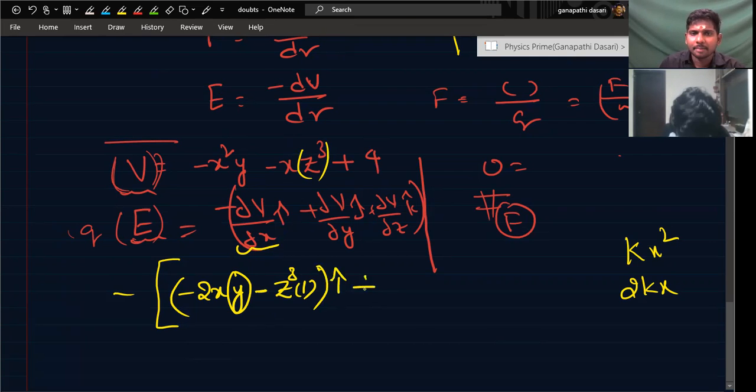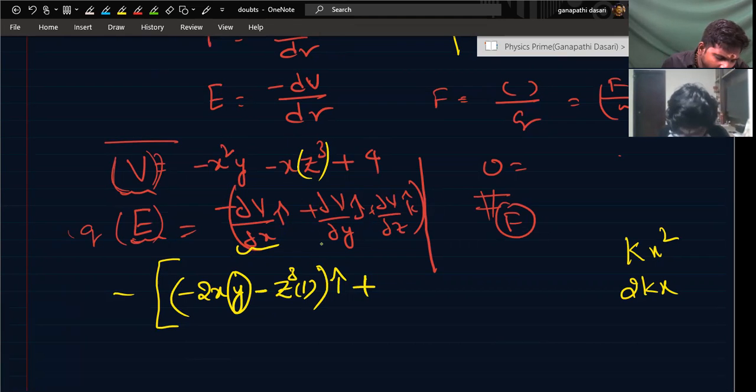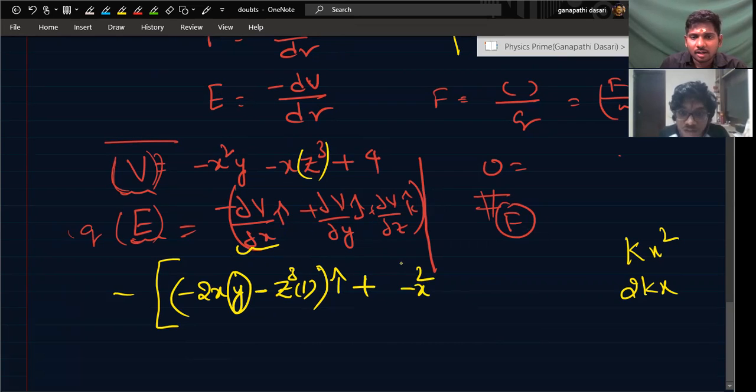Plus i cap, like that you do for y. Minus x square j cap. With respect to y, the other terms will become 0 anyway.